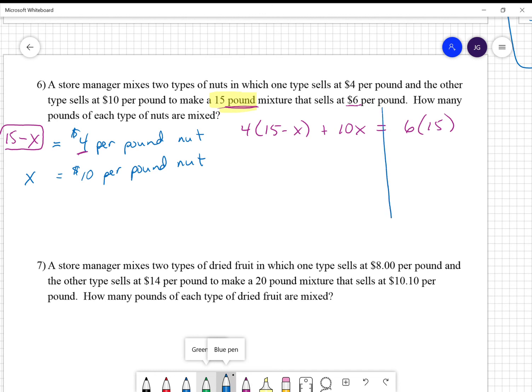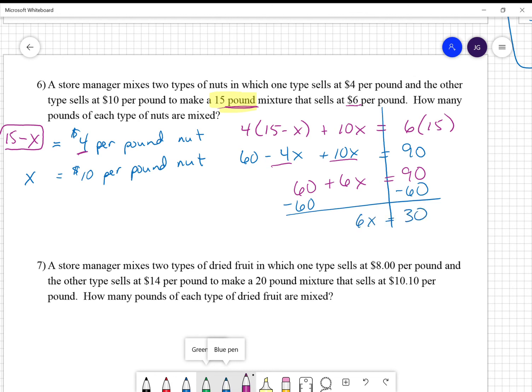To solve, I'm going to distribute. On the right, I'm going to multiply. On the left, I can combine like terms. Subtract 60.